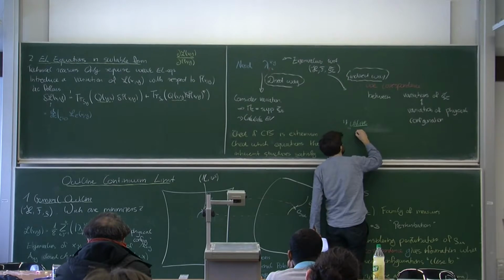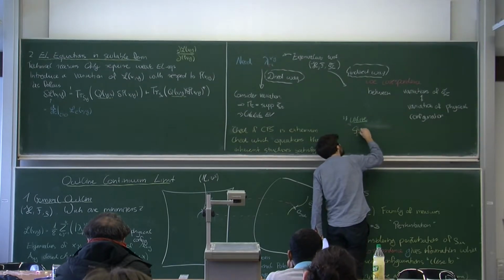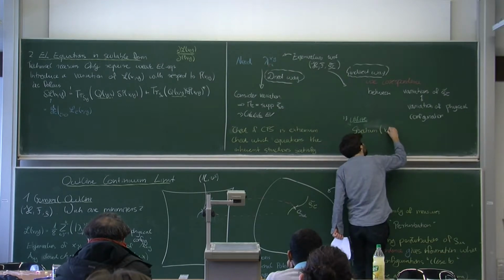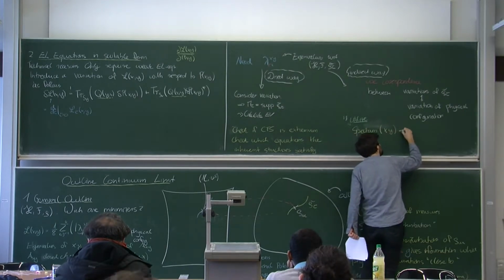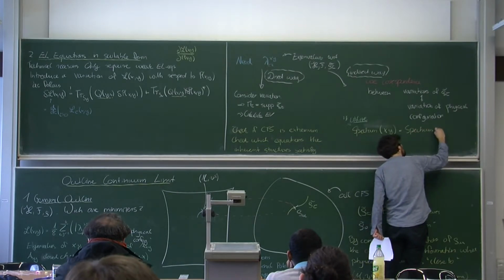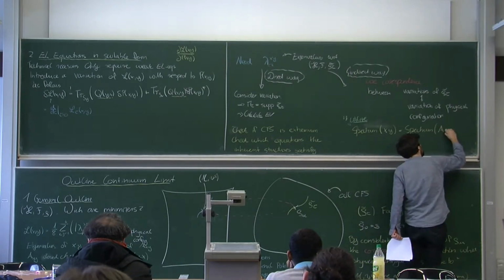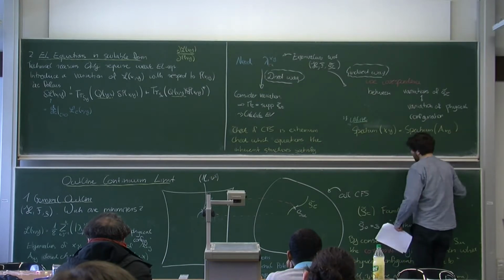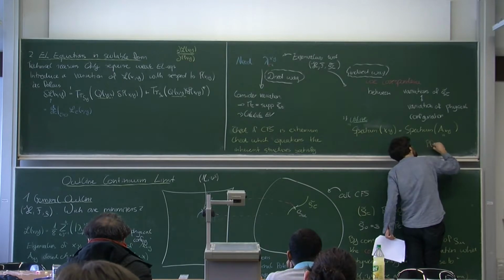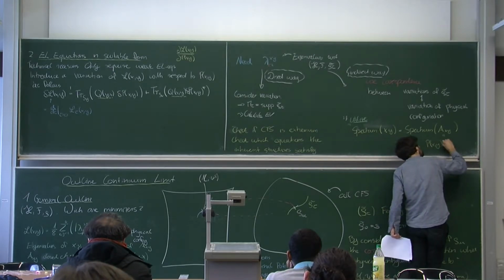We basically use that the spectrum of x times y is the same thing as the spectrum of A_xy. And as I said, A_xy is just given by the fermionic projector, P(x,y) times P(y,x).